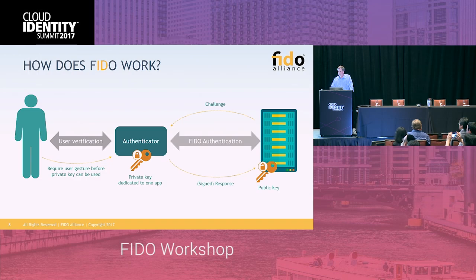There are all sorts of devices out there that require different types of gestures. But a gesture is needed to release the cryptographic operations. And then you get a packet, we'll go through the actual flows here, but you get a cryptographic signature that goes over to the relying party, and the relying party winds up verifying that cryptographic signature.